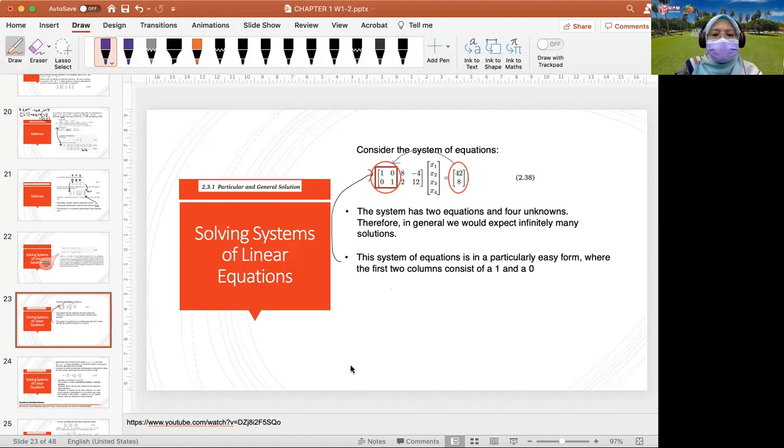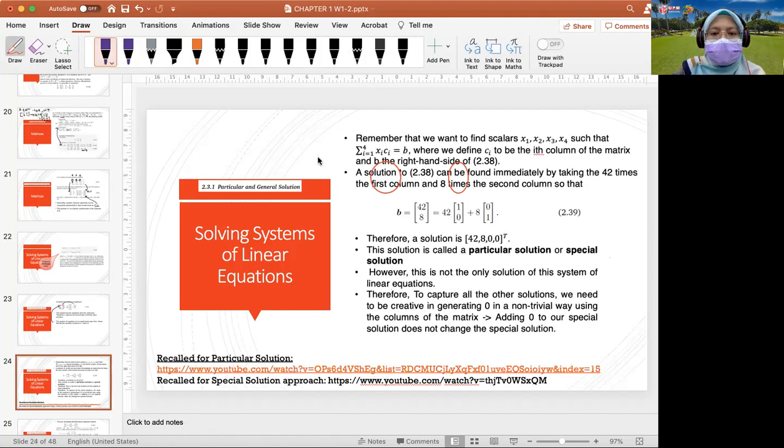So how do we do that? If you look here, 42 and 8 is the b. Remember this equation here.